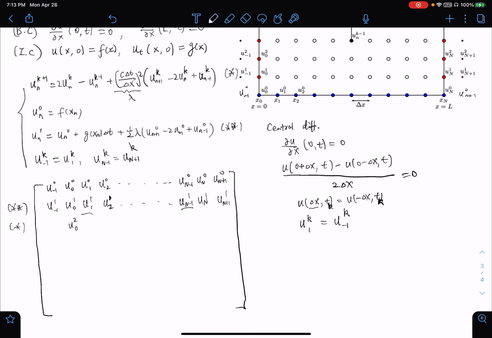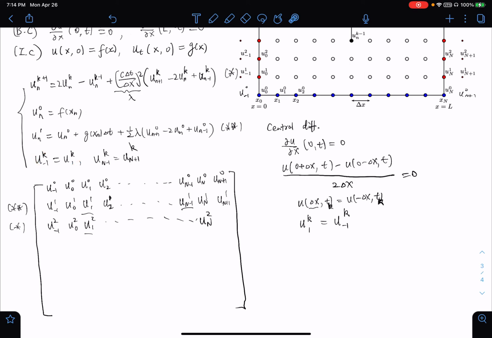Once you have determined every value all the way up to u_n at 2, then you can use this value to determine this value by this relation, and so on and so forth.